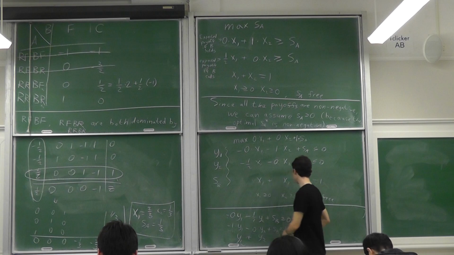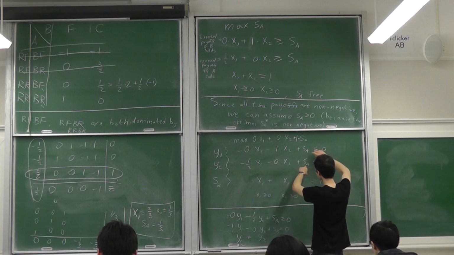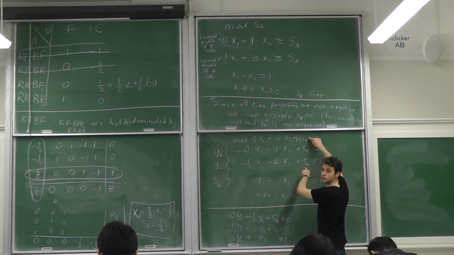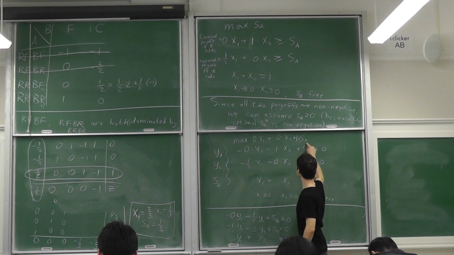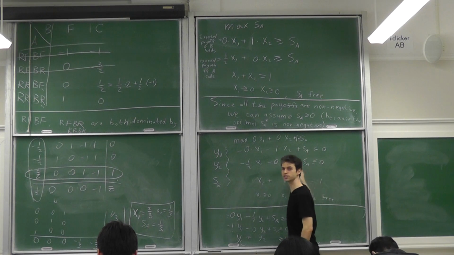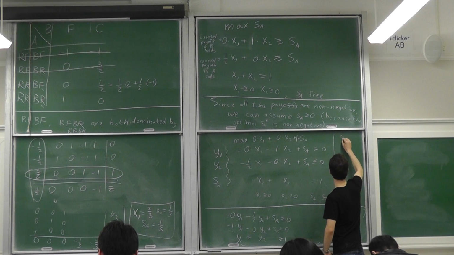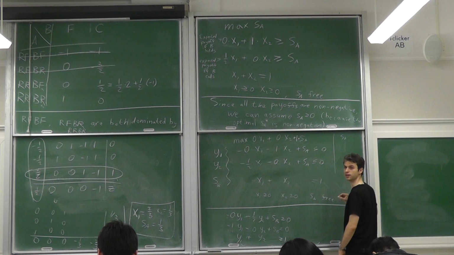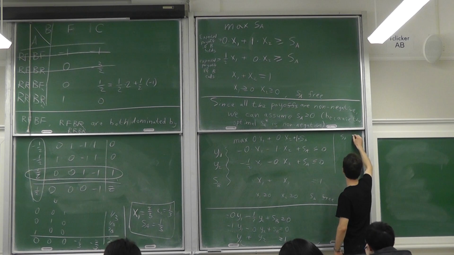If I make this just bigger than 1, then what I have is the coefficient of SA will be at least 1. Okay, that's good. But will it mean that SA is actually smaller than this linear combination? So if I have something like this, my objective function SA, and I want to compare it with something times SA.